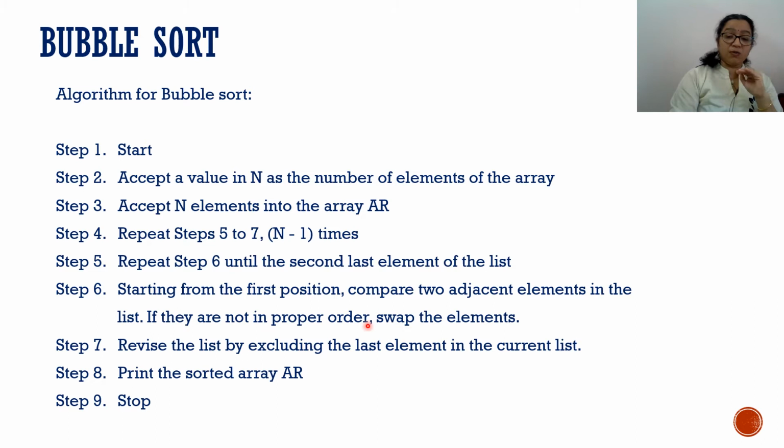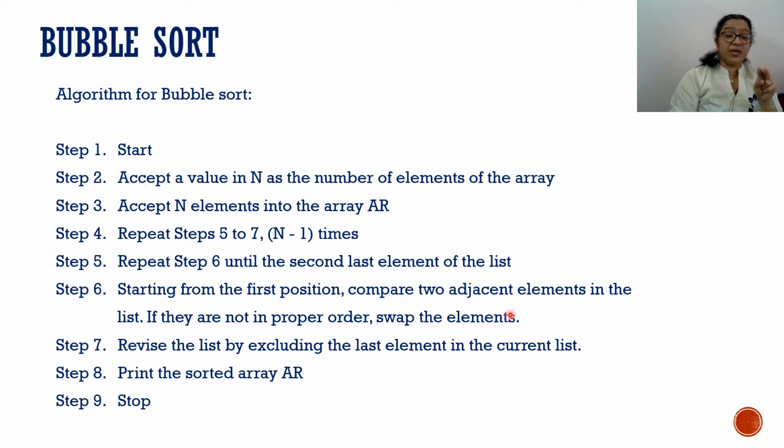If they are not in proper order, swap the elements. So we are starting from the first position, that means at the 0th position. And we are comparing two adjacent elements, that means the 0th position and the first. If it is in order, we can skip the swapping process. If it is not in proper order, we want to swap the elements.